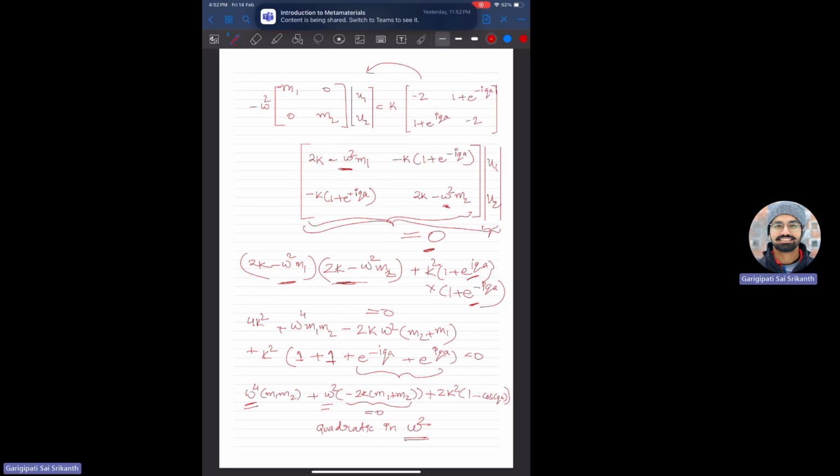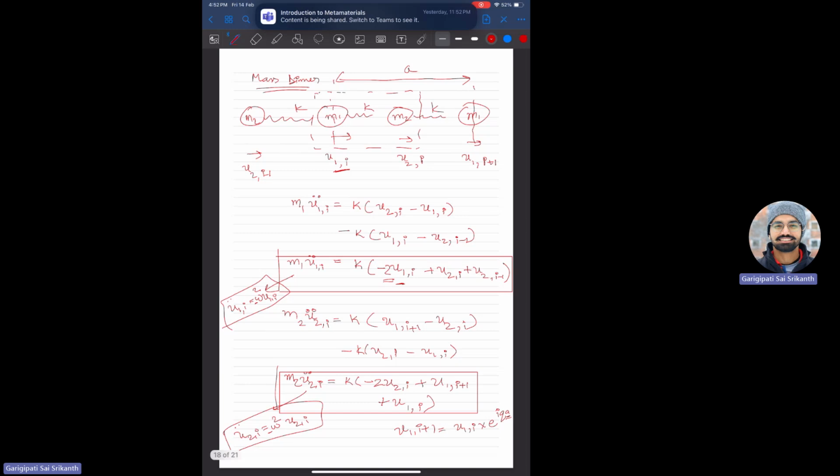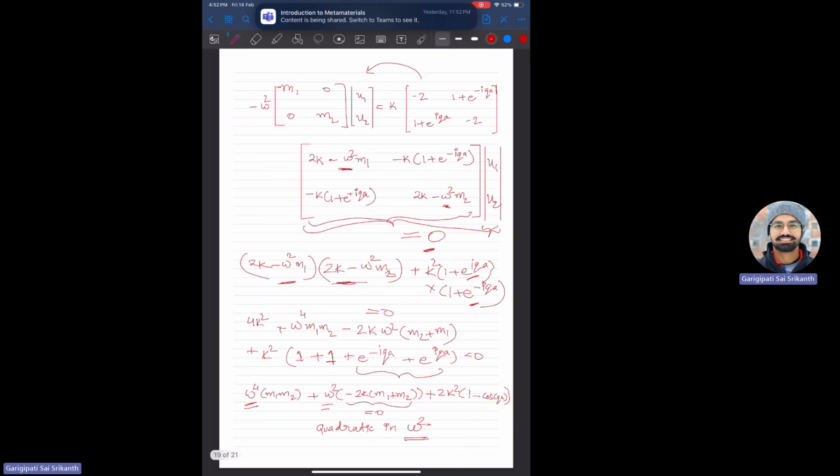Then further we see that since we have two equations, like this is one equation and this is another equation, we can combine them in this format, like u1, u2, u1, u2. These are the degrees of freedom, and then we can write it in a matrix form. This is the mass matrix.